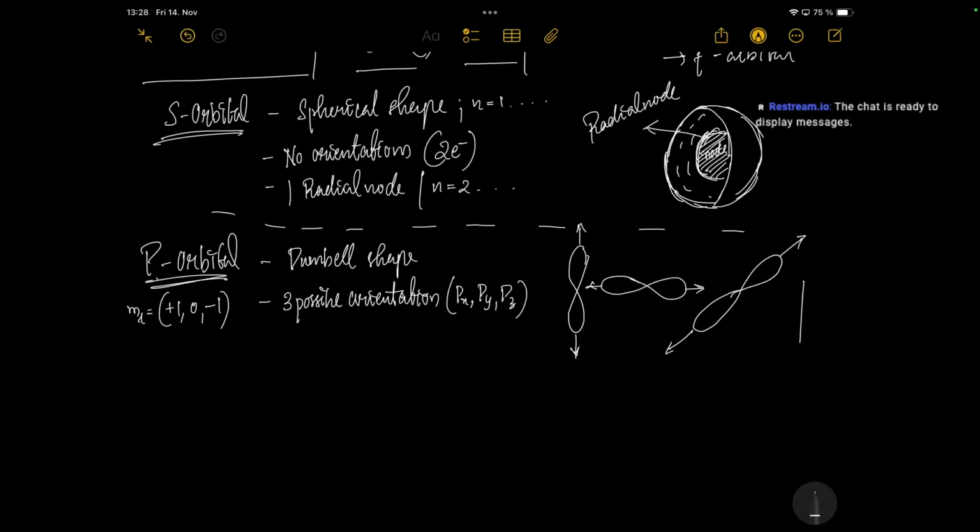Oh, that's not straight. Those are nodes.